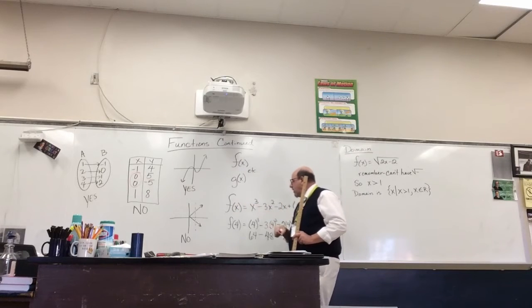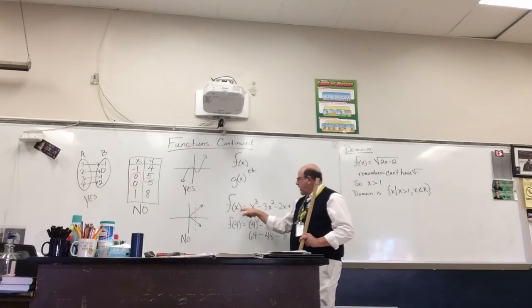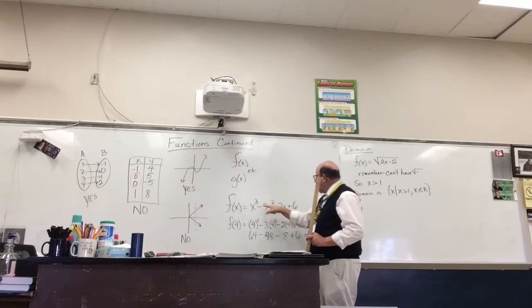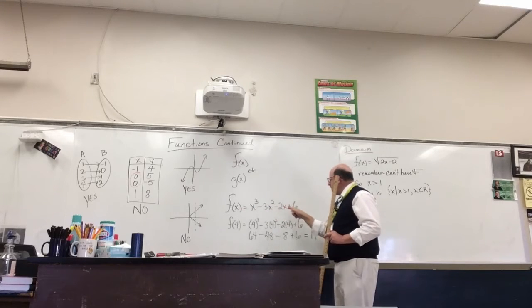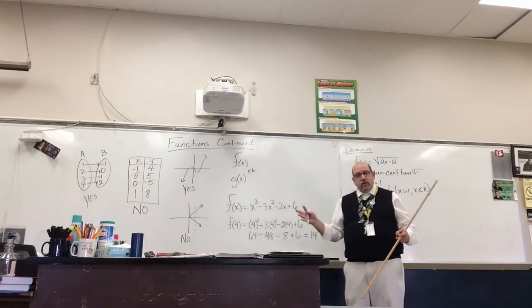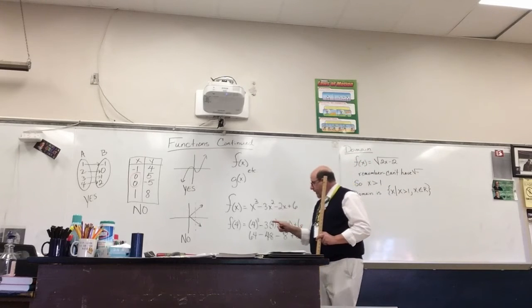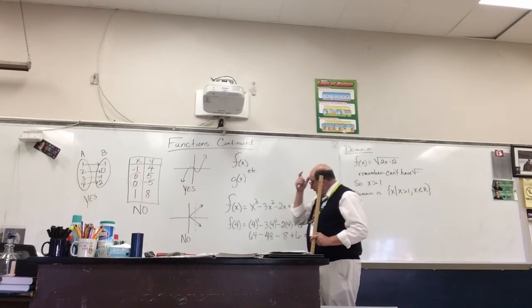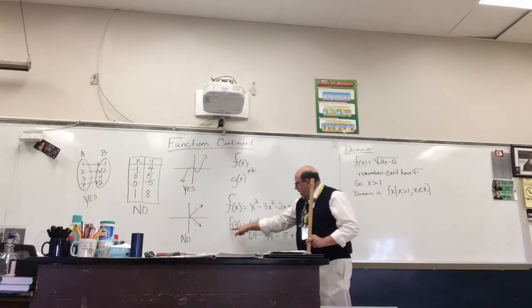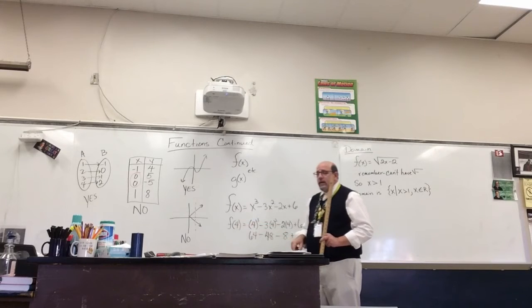Here it is. All right, so we have a function, f of x is x cubed minus 3x squared minus 2x plus 6. There's a function for you. And here we have, what is this function if I input 4 for x? That's why there's the 4 inside that parentheses.